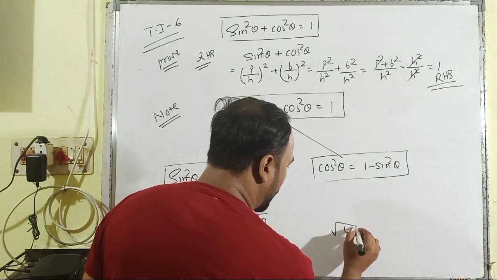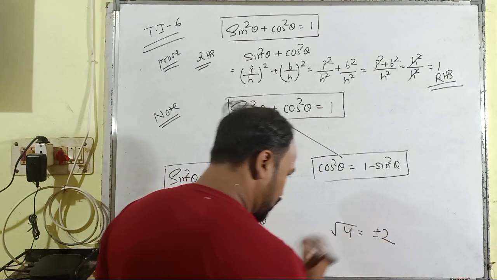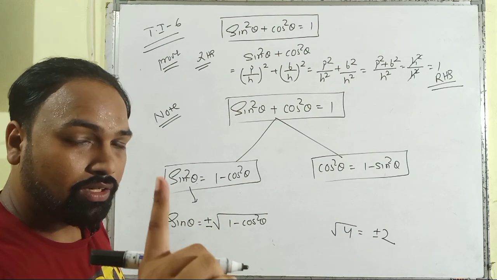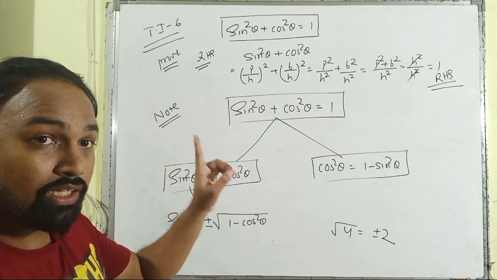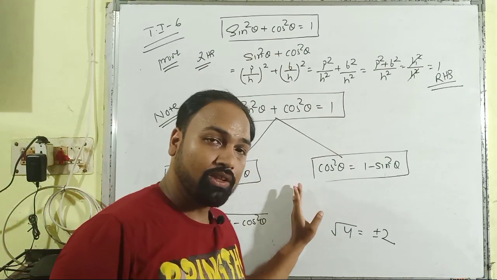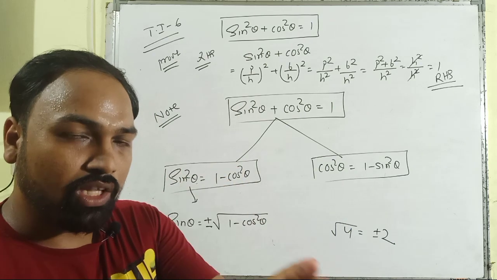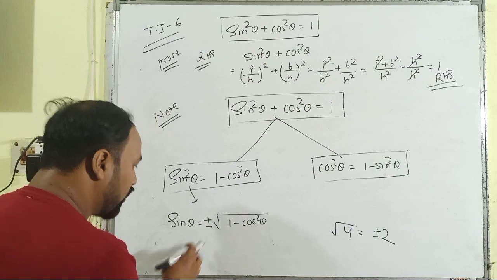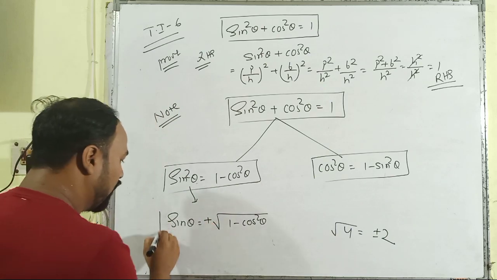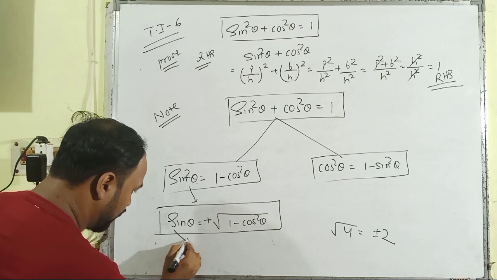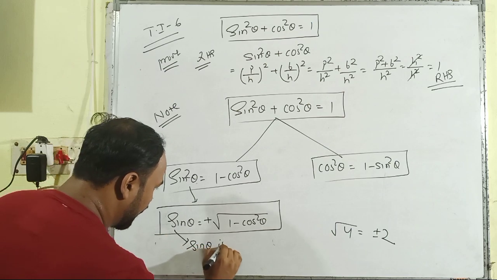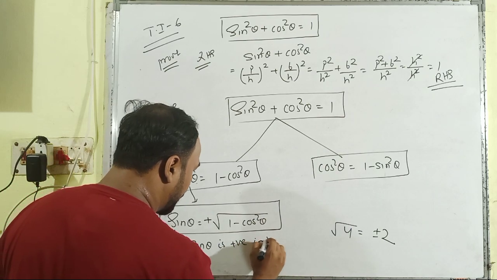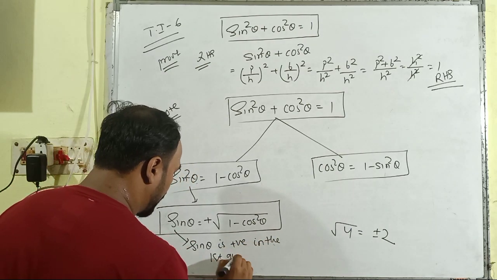As we know that the square root of 4 is plus minus 2, similarly, we can consider here plus and minus. But remember that we are studying the trigonometric functions in the first quadrant. So in the first quadrant, all of the 6 trigonometric functions carry the positive sign. So it will not carry the negative sign, because sin theta is positive in the first quadrant.